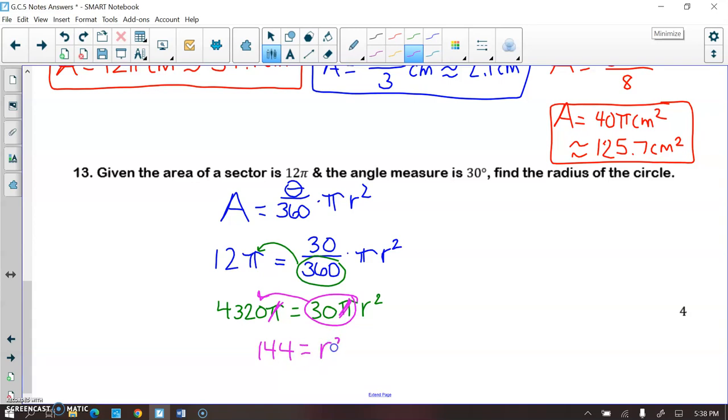And that's equal to r squared. Taking the square root of both sides, I wind up with r is equal to, it cannot be negative because a radius is a length, so 12. It doesn't give me any units, so I'm just going to write 12 units as my radius.